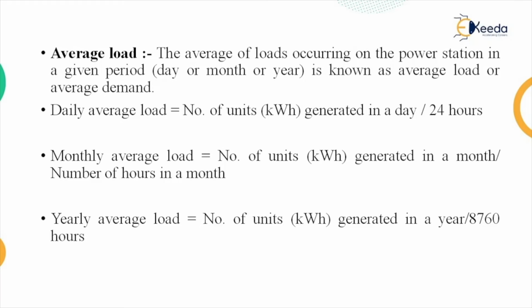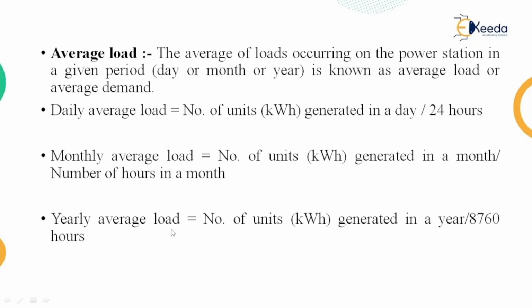So daily average load is equal to the number of units in kilowatt hours generated in a day upon 24 hours. Monthly average load is the number of units in kilowatt hours generated in a month upon the number of hours in a month, which depends on the number of days. Suppose the month is of 30 days, then 30 into 24 is the number of hours in a month.